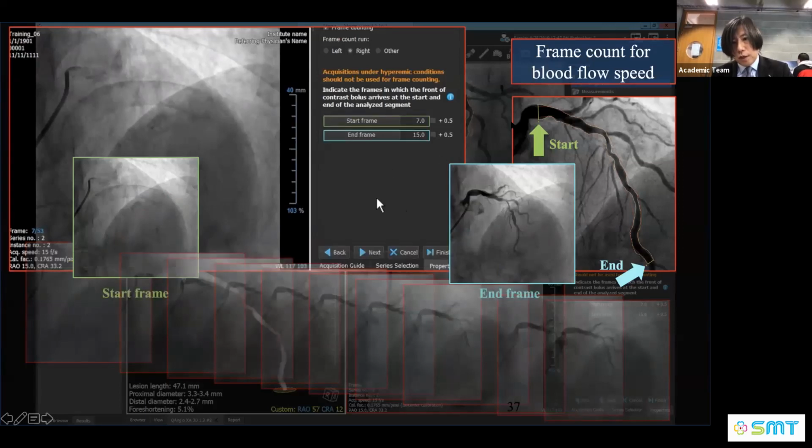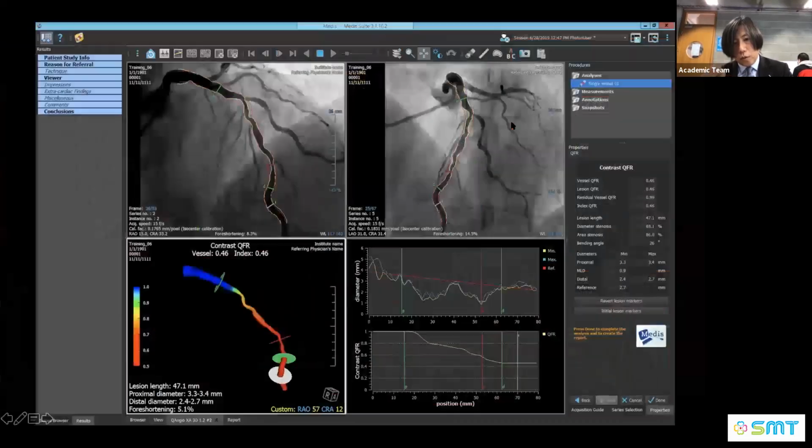So it will automatically calculate the flow of the coronary artery, the coronary flow, and then it will be calculated into the QFR. So the 3D model now becomes the QFR, and you could really see the pullback of QFR like a pullback of the FFR.